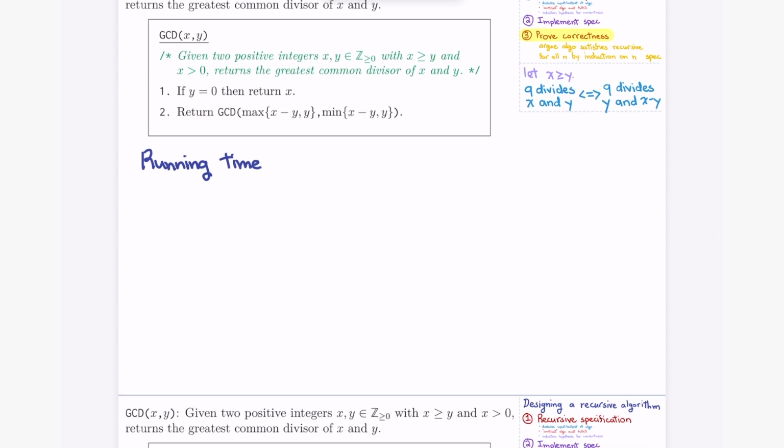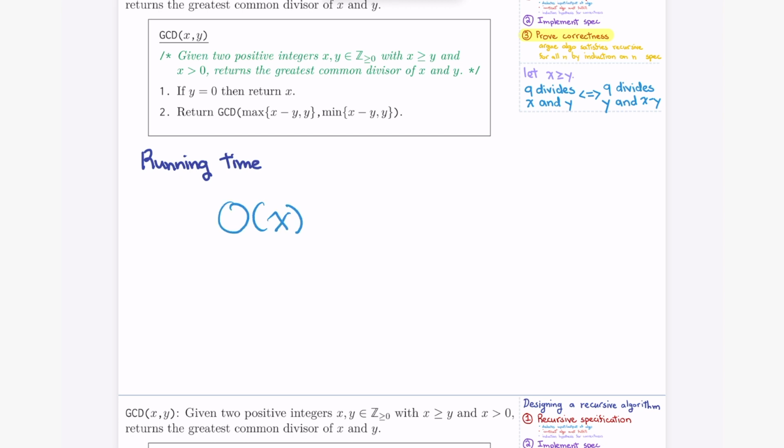Okay, what's the running time of this algorithm? If you agree it's correct, what's the running time? In the worst case, I give you two numbers, x and y. O of the largest number. Okay?